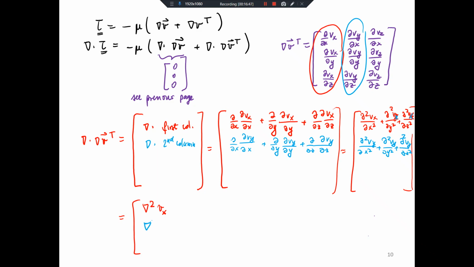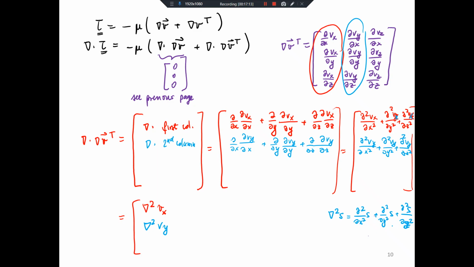And that is the Laplacian of Vy by definition. Remember that the Laplacian of any scalar function S is second order. So you just go x, y, z.